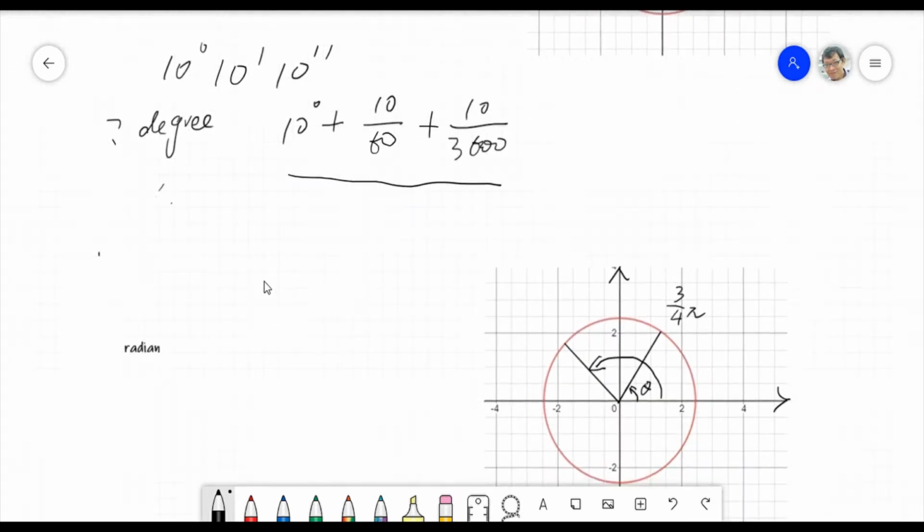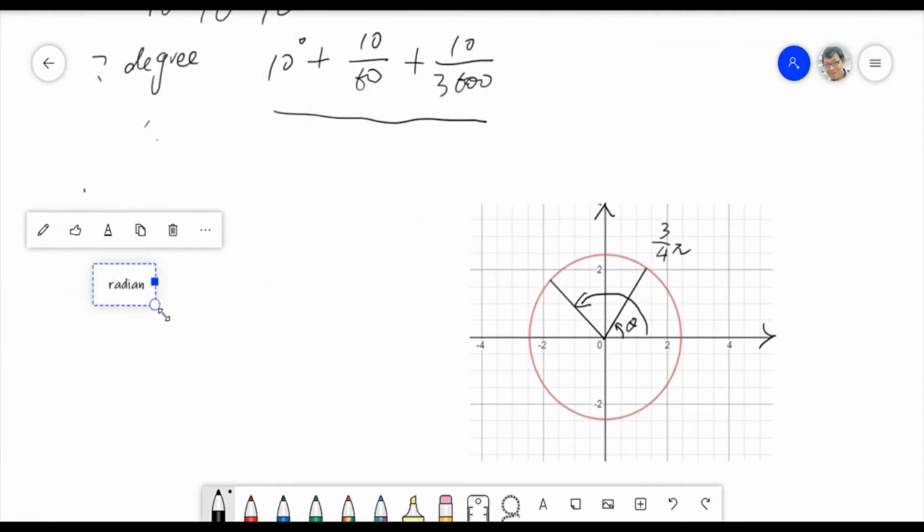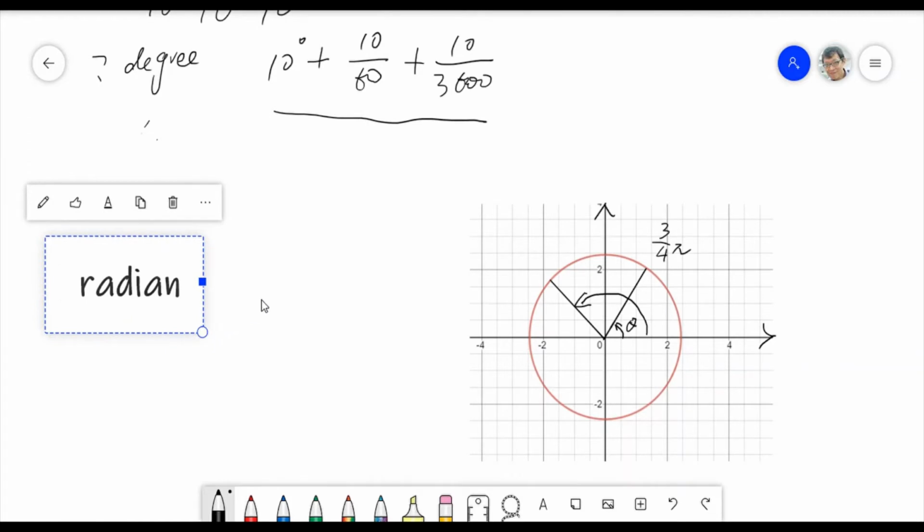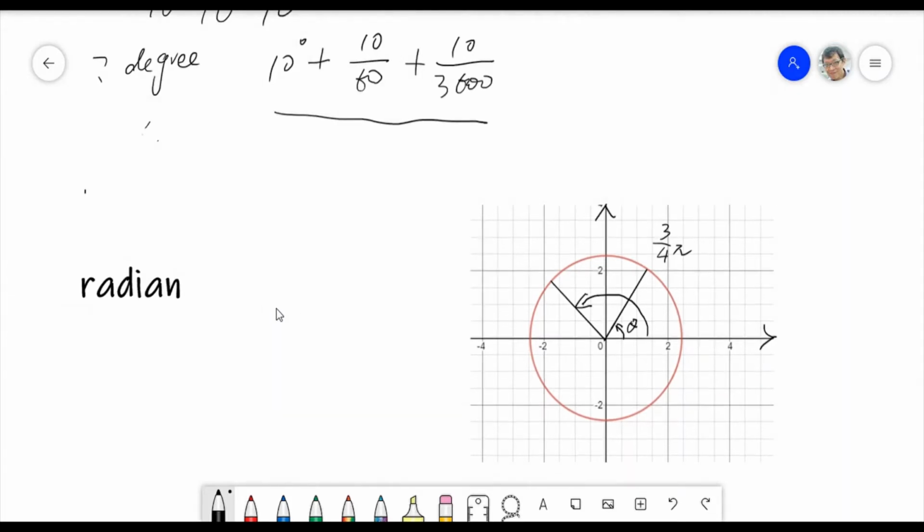The second concept is regarding radian. Let's make it bigger. This is an important concept. What is radian? To me, radian looks more like an arc. Think about what an angle is really like.